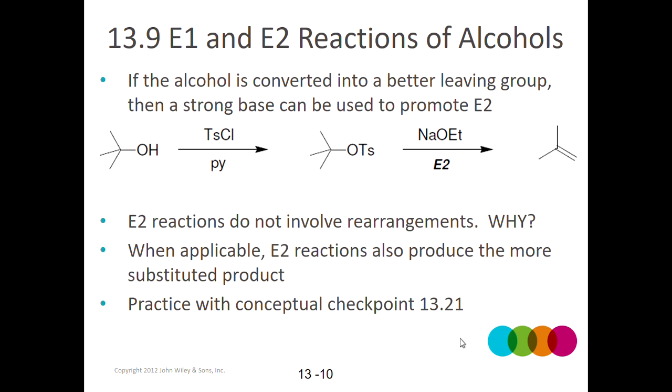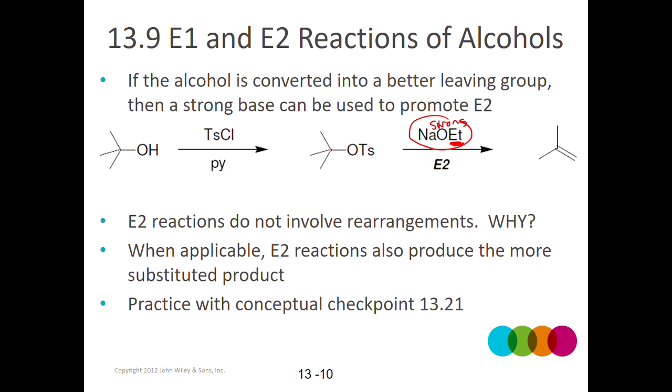So the other method we talked about last semester for converting OH into an alkene was to first tosylate it to make it a better leaving group, and then use a strong base. The strong base promotes an E2. And I can take advantage of the fact that the steric hindrance of the R group on my OR minus can sometimes determine which beta hydrogen is removed to complete the elimination, right?